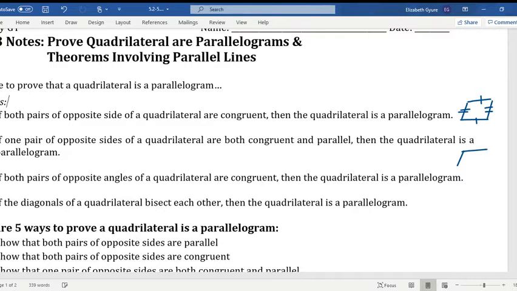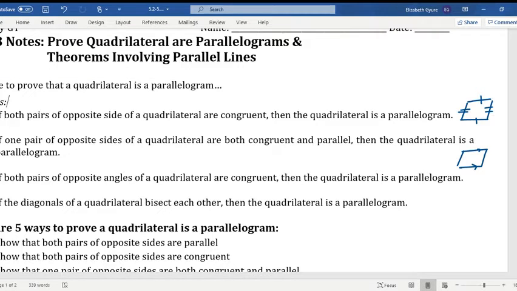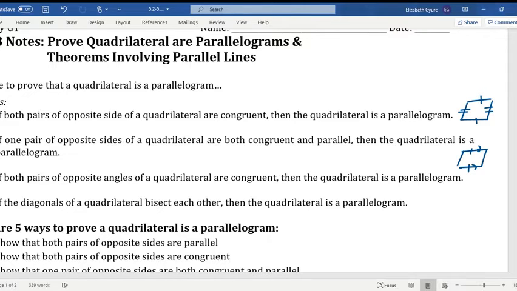So in this situation, if you can show me that just one set is both parallel, sorry, that's supposed to be a little arrow, and congruent at the same time, then that also works.